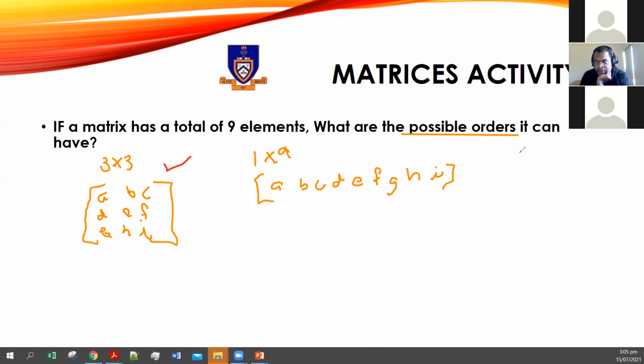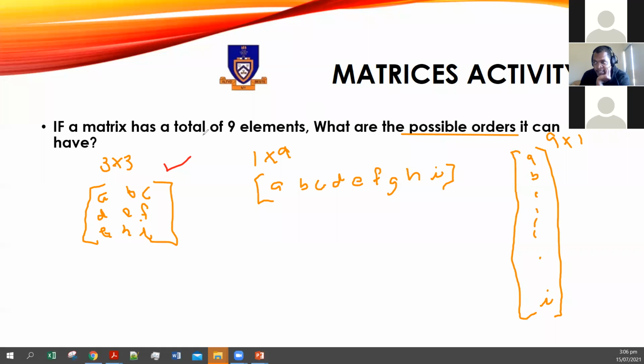And we can also have 1 column, okay, and 9 rows. So we can have a 9 by 1, okay? So then we will have A, B, C, and it goes on like this until we get to I, okay? So that is also what we can have.